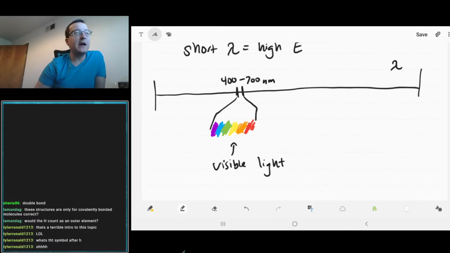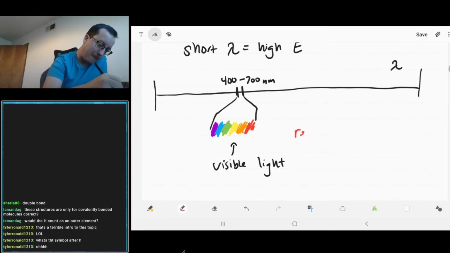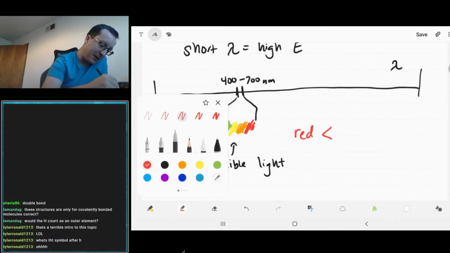So small little waves here. We're going to see that red light is going to be lower energy than purple light, for example.